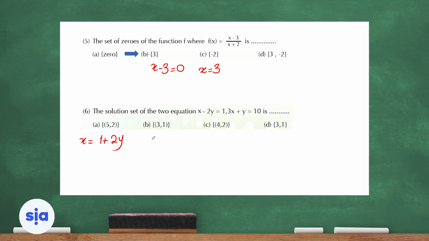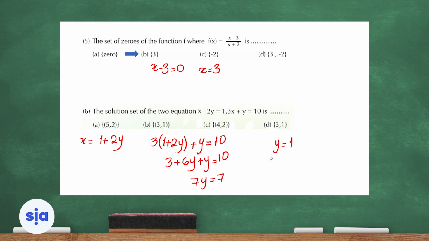We substitute this in the other one, so 3 times 1 plus 2y plus y equal 10. So 3 plus 6y plus y equal 10. We combine the like terms together, so 7y equals 7, then y equals 1.